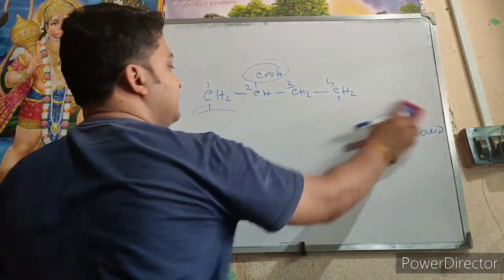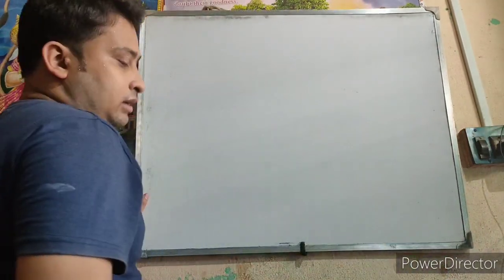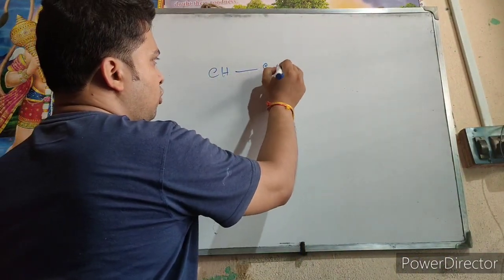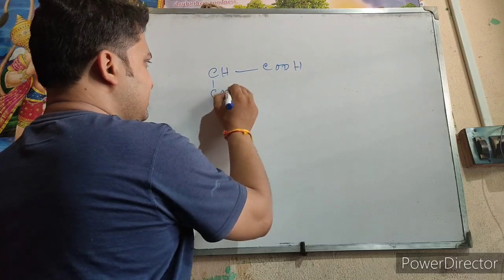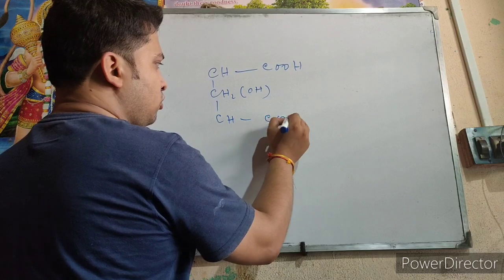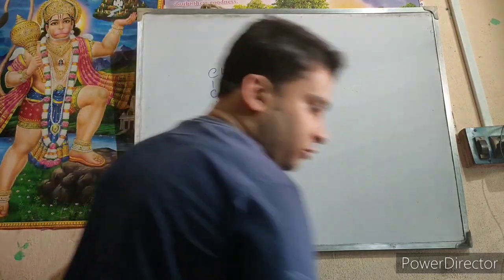I give you another example. If you have CHCOOH, then CH2OH, then CHCOOH.